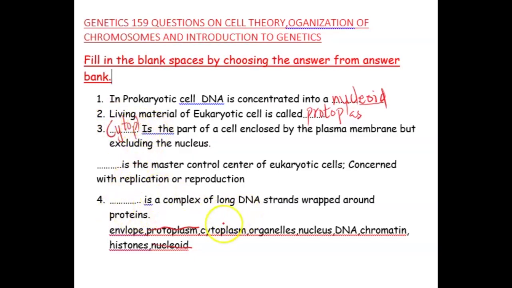So let's cancel cytoplasm. Number 4, dash is the master control center of eukaryotic cells, concerned with replication and reproduction. The answer is the nucleus. The nucleus is the master control center of the cell.